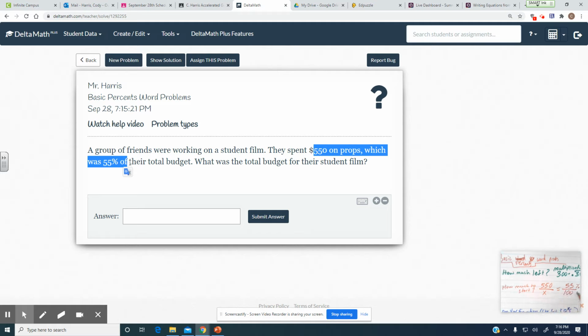Oh, that's 100%. And we can reduce this fraction. 55 over 100 reduces down to 11 out of 20. So we have 550 over x equals 11 over 20.